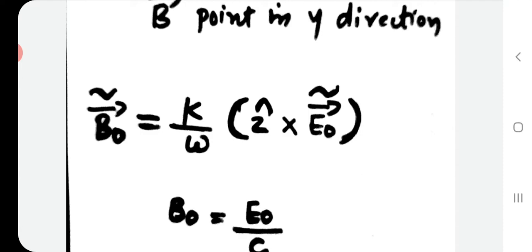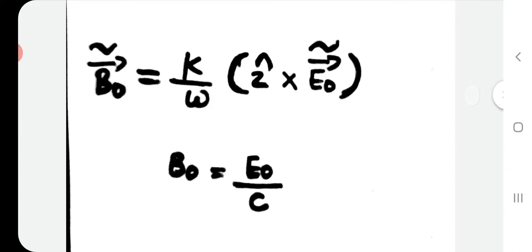Due to this cross product, clearly the magnetic field will be pointing in the y direction. k is the propagation constant, omega is the angular frequency.